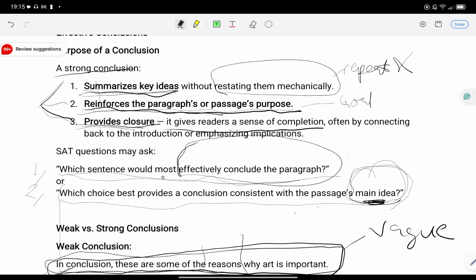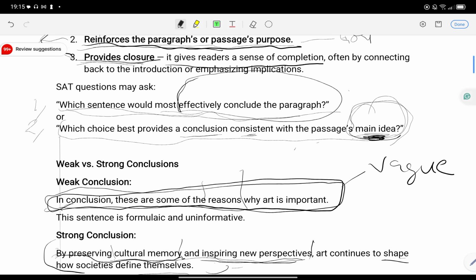Which sentence would most effectively conclude the paragraph? Another is, which choice best provides a conclusion consistent with the passage's main idea?